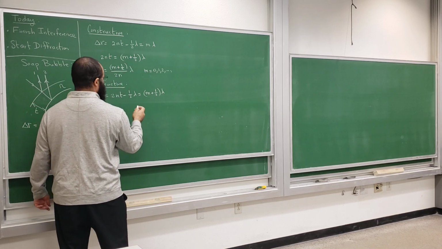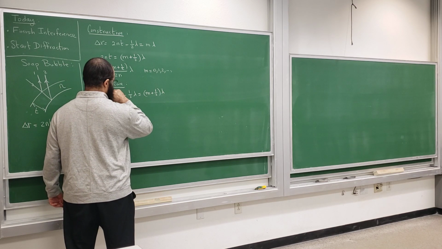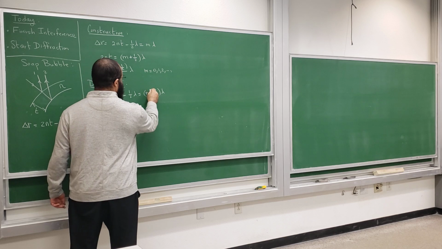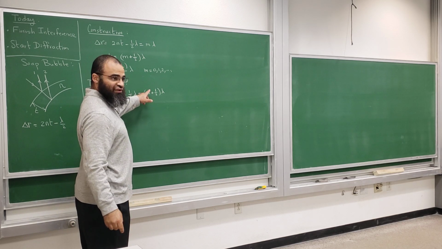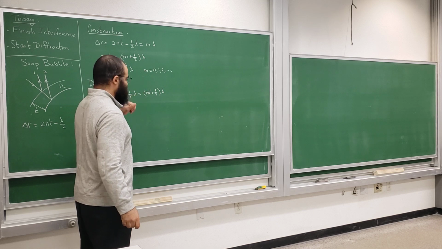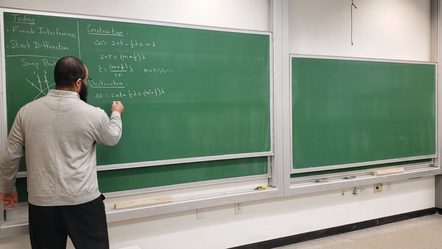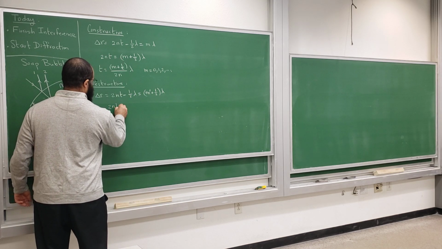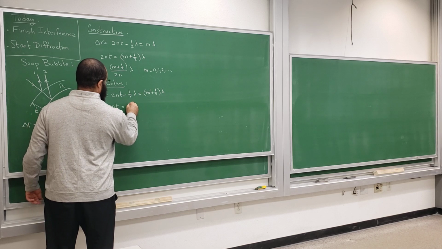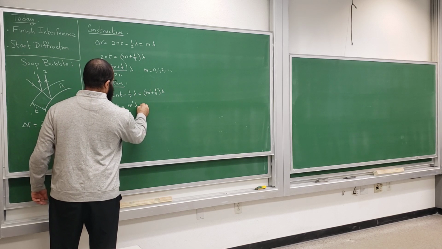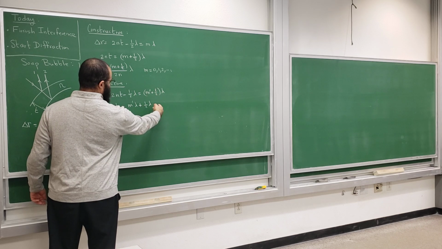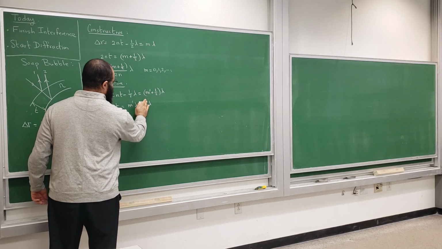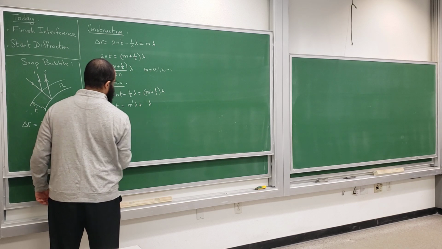Let me call this one here m prime, for a second. M prime is an integer, I'm just naming it this way. And that way, when I have this 2nt is equal to m prime times lambda plus 1/2 of lambda. When you move this 1/2 lambda over here, half lambda plus half lambda becomes 1 lambda, so that's that.